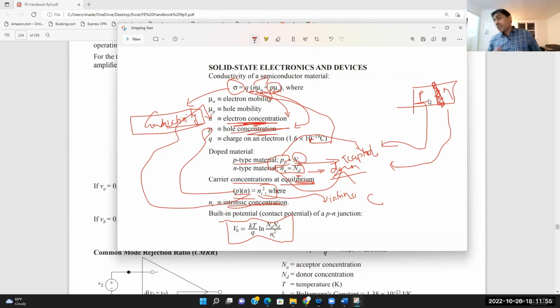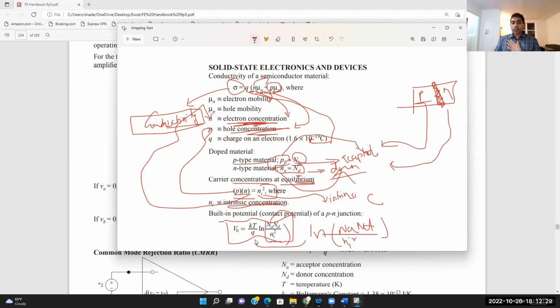I'll explain in detail, but if you're trying to put a number to it, it is the concentration of acceptor times the concentration of donor, divided by the intrinsic concentration squared. You take the ln of this. So the ln of N_A times N_D divided by n_i squared.